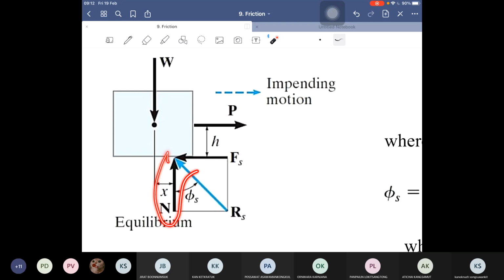So these two forces can be reduced into one resultant force, Rs, having the direction of phi s, measured from the horizontal axis. So this system forms one triangle construction.